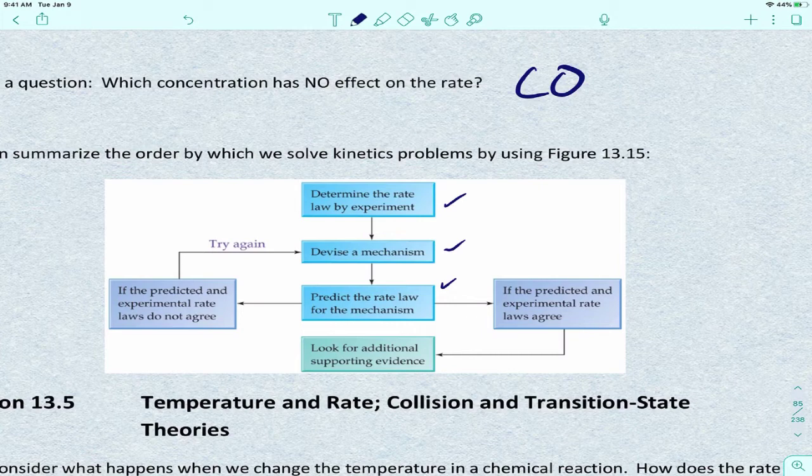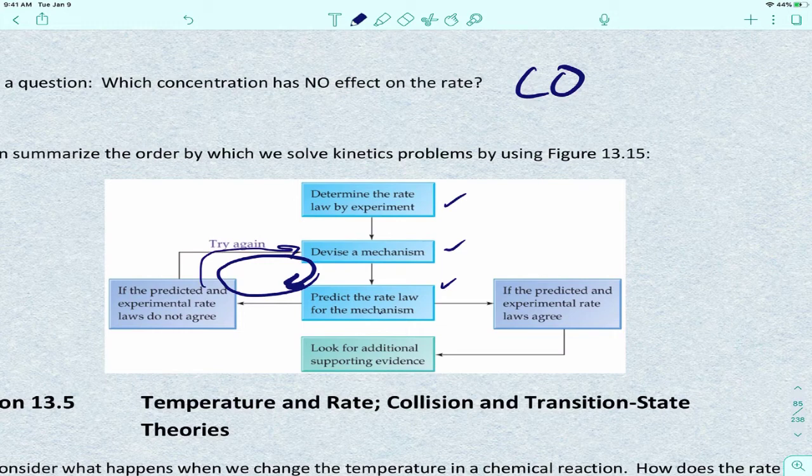Okay. Now, if the predicted and the experimental rate law don't agree, that means our mechanism's wrong and we've got to try again. And so we try to devise a mechanism and then predict the rate law based on what we've got. So a lot of times this part right here, it's a circle. We just keep going around and around until we refine our model.